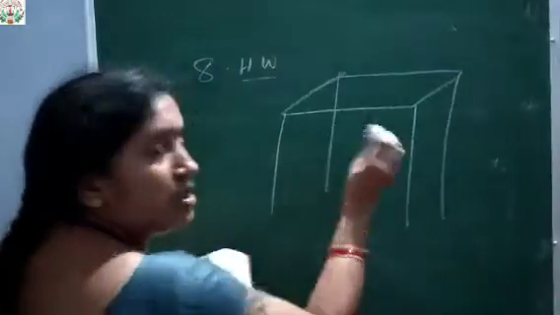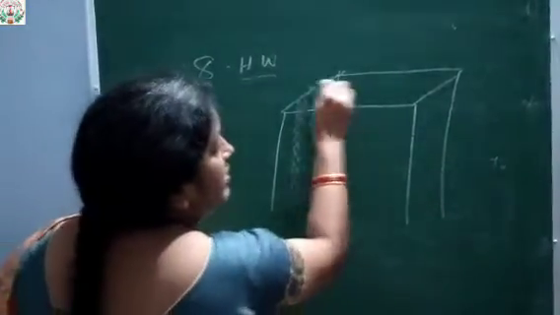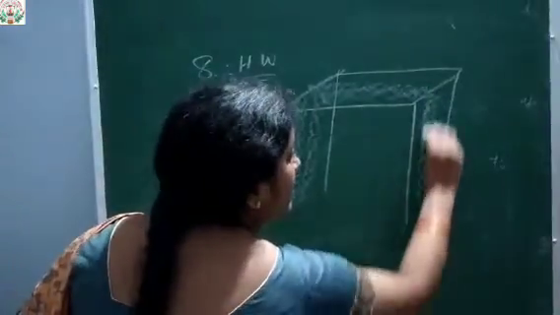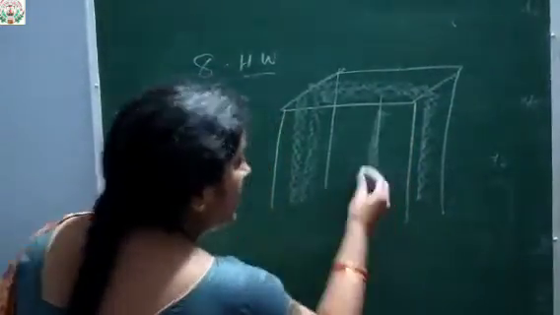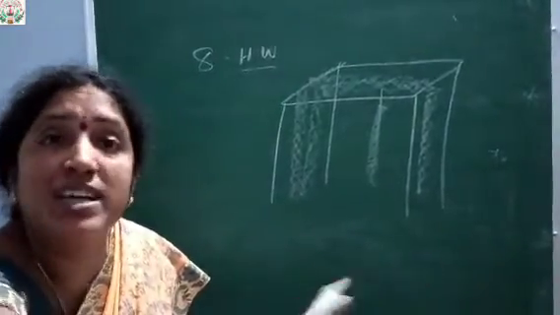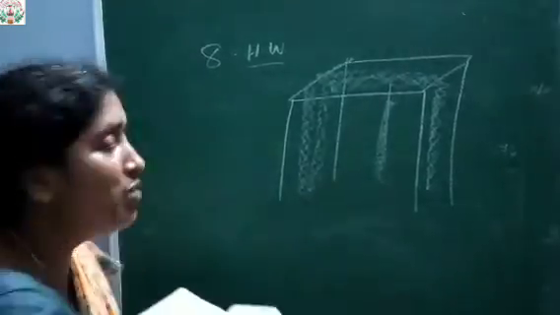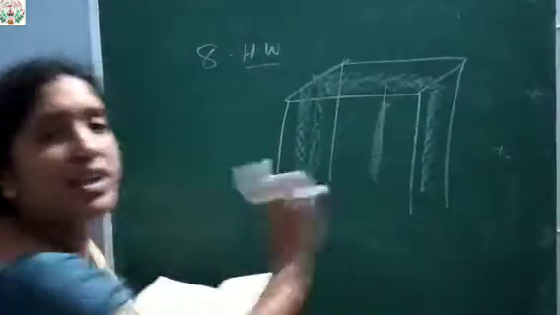Means this tarpaulin cloth is used on the top, the back side and the front side. But the floor is there, so that is not covered.